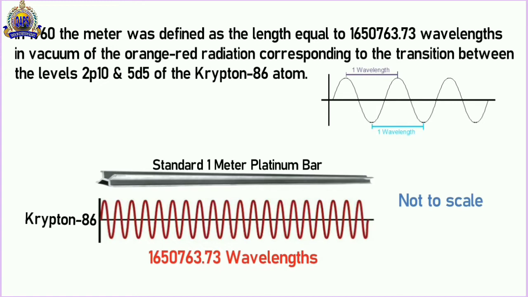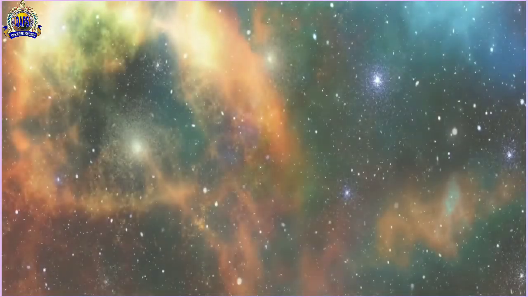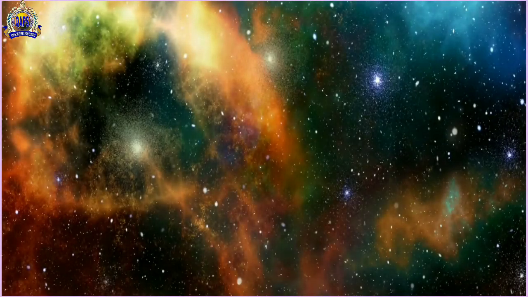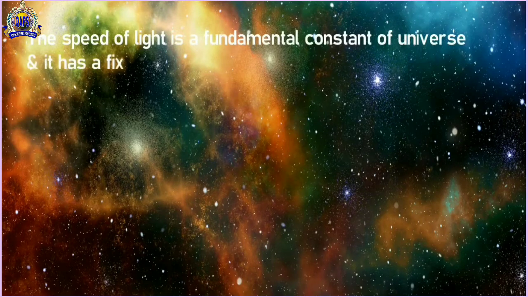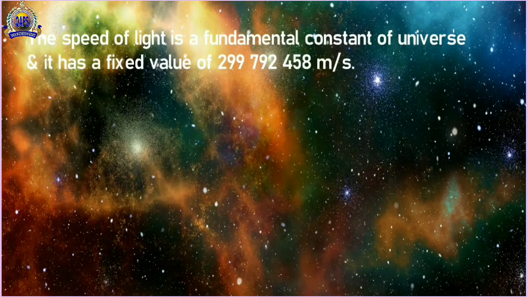We have talked about what the platinum bar is. The scientists were keen to define it more exactly. So for defining this, they came to the speed of light in vacuum, and took it as a standard to define a meter.